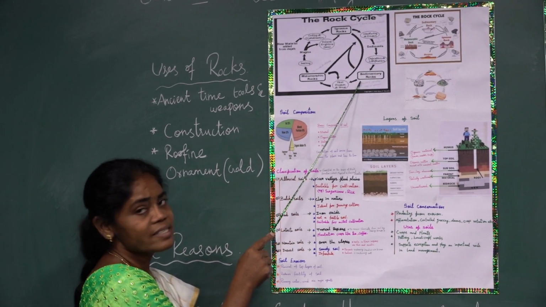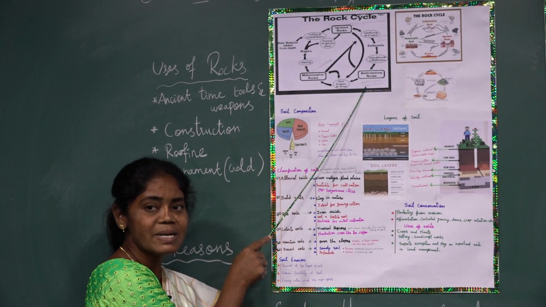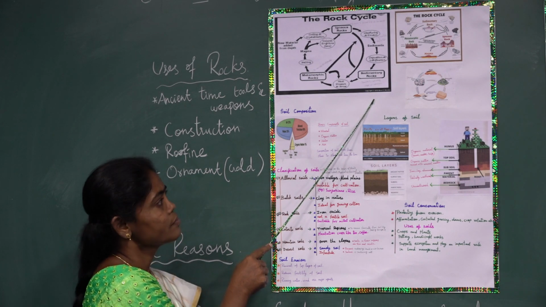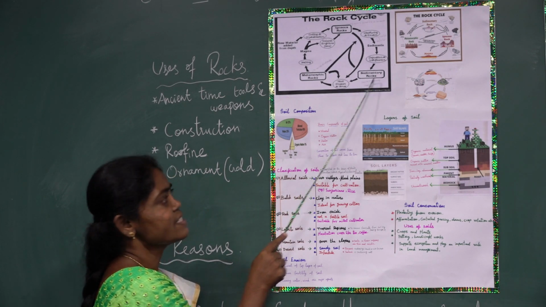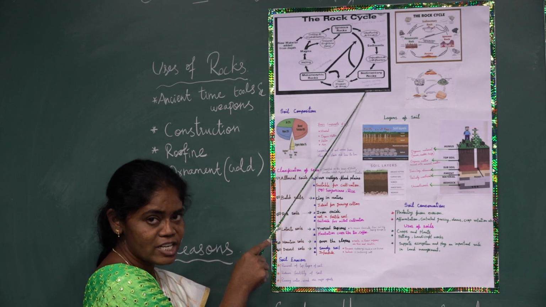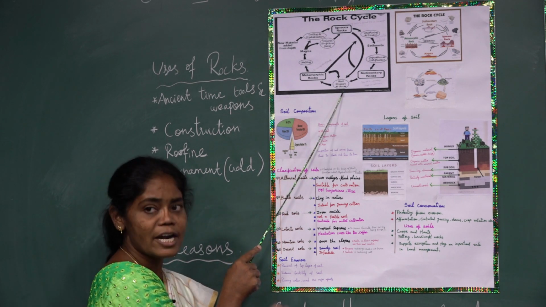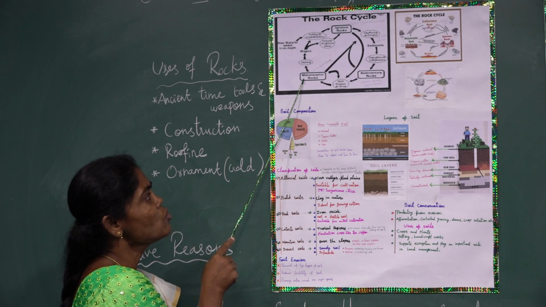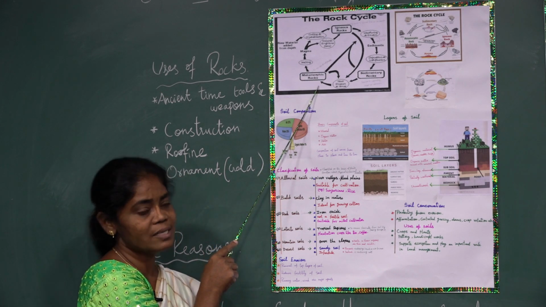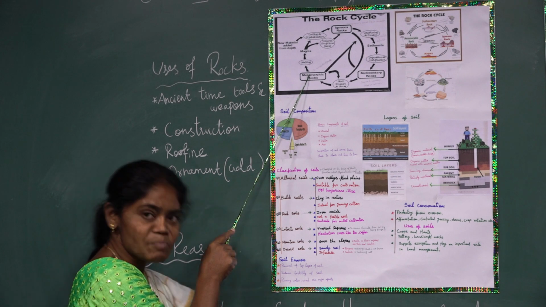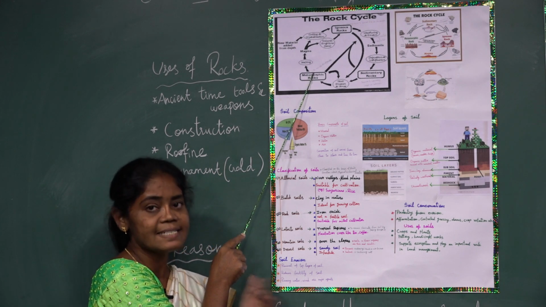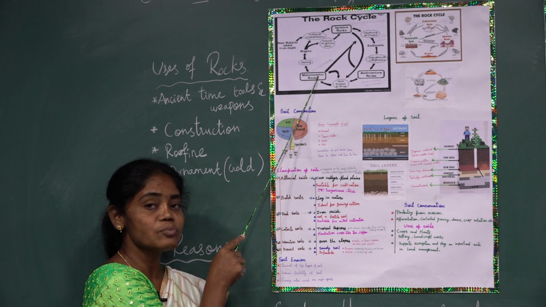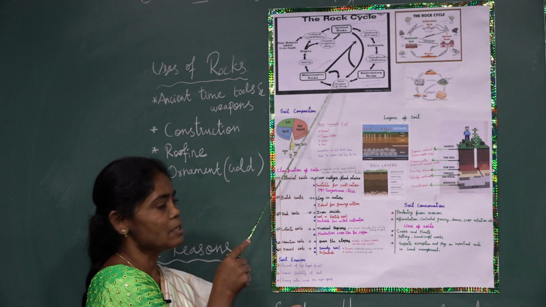This deposition forms sedimentary rock. This igneous and sedimentary rock changes due to heat and pressure. It forms a new rock, that is metamorphic rock. This metamorphic rock also disintegrates, that is, breaks down due to heat and pressure.